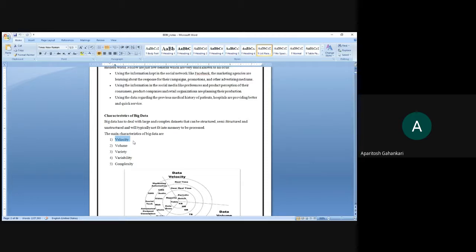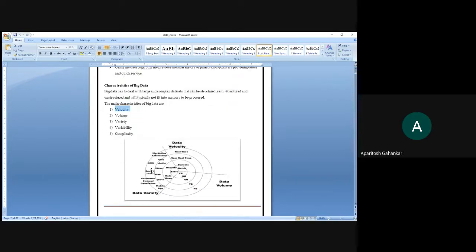Volume will be huge, of course, because the sources are many, as you can see in this diagram. The data is not in GB, it is in TB and PB, it has reached petabytes. After petabytes, zettabytes and other counting parameters are also available.